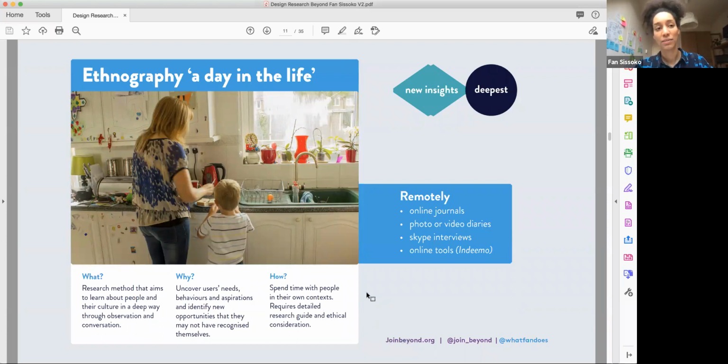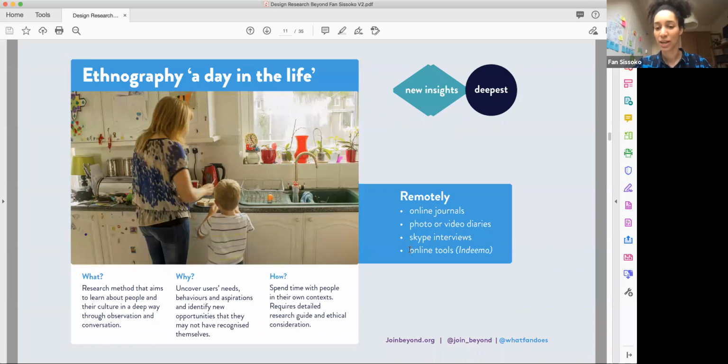And I know that because of the situation we're in right now, it's really difficult to do that face-to-face. So there are remote alternatives for doing this. For example, giving people online journals to fill up, getting them to do a photography or video diary, and then you might reflect on what they've sent you with a video call.